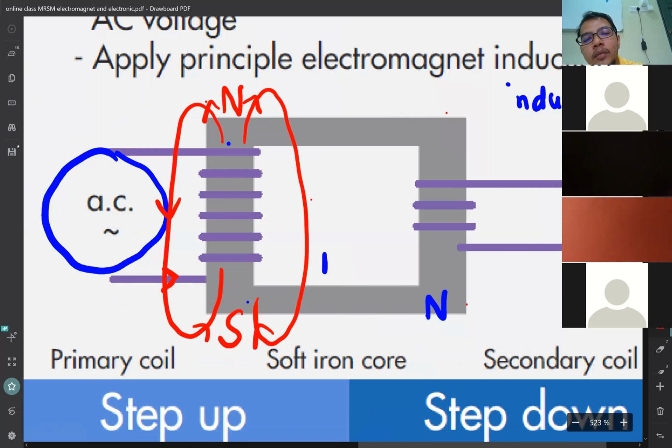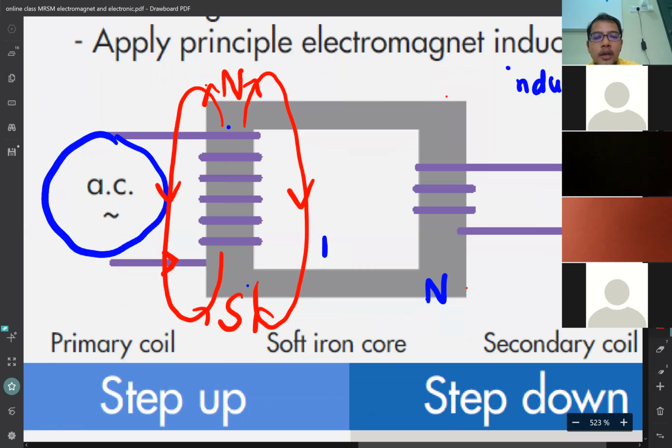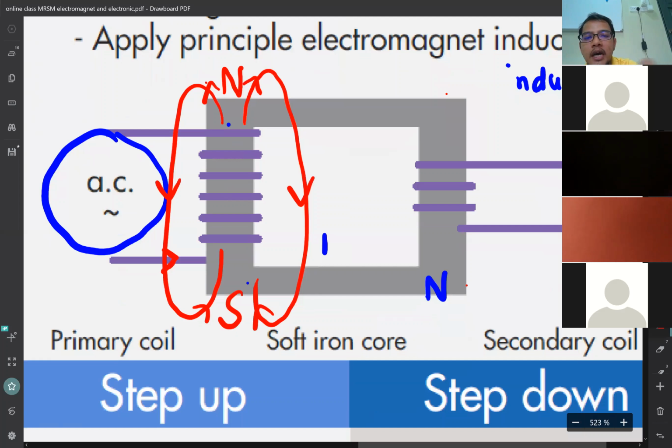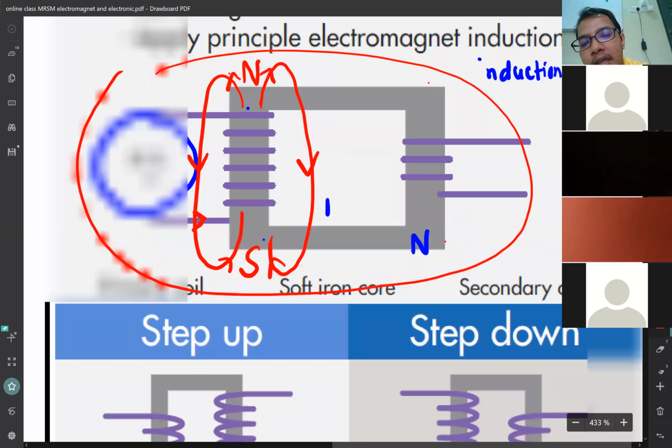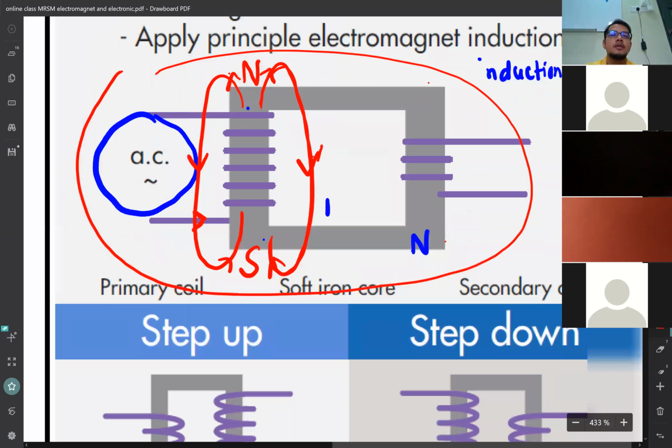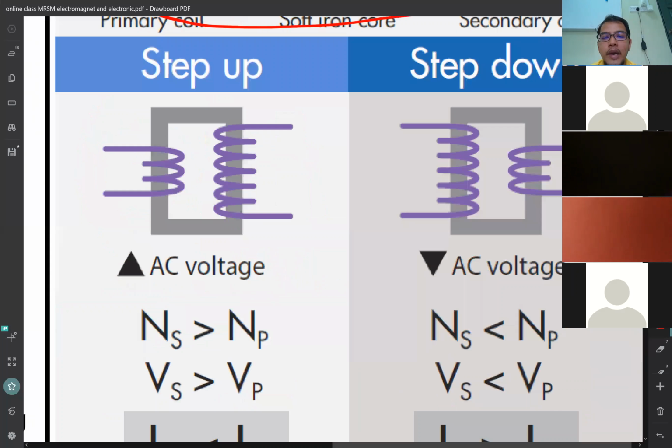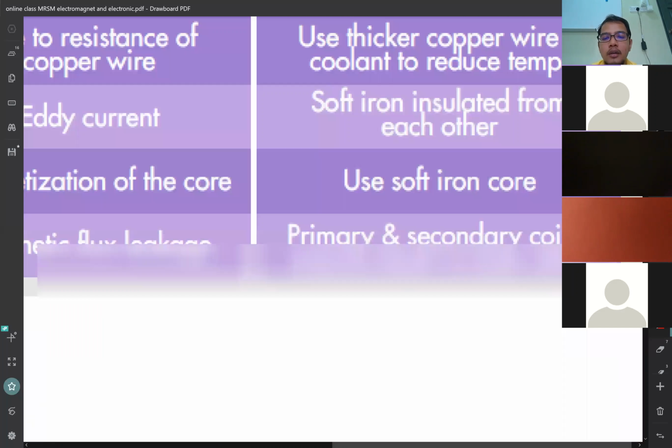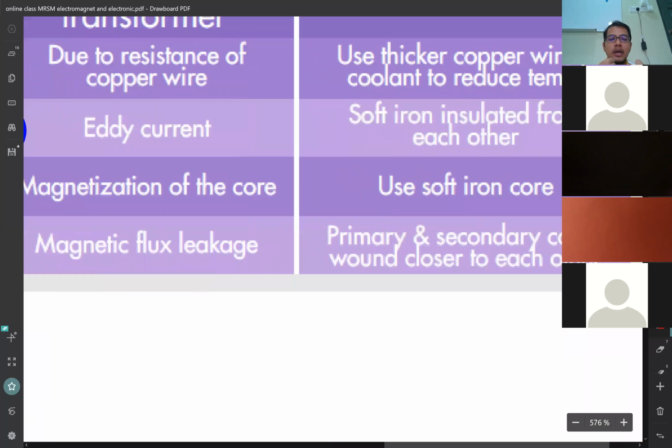So the magnetic flux, if the primary coil and secondary coil are further apart, like in this picture, the flux will leak. So in order to make sure the flux or the magnetic field does not leak, you put the primary coil and secondary coil next to each other or wound closer to each other.